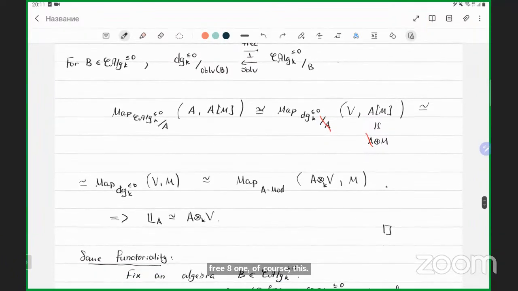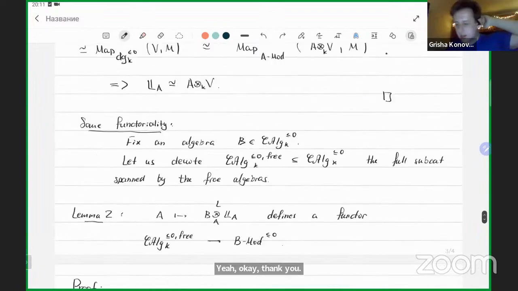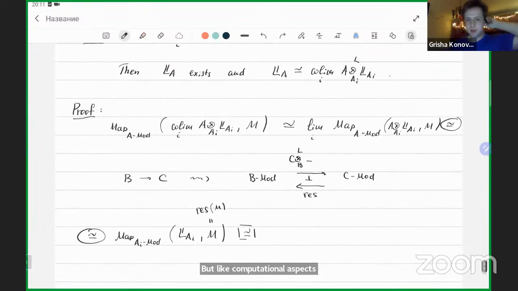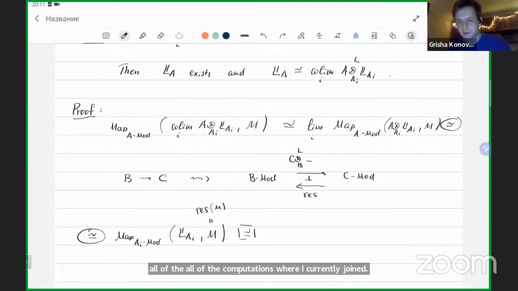Yeah, okay, thank you. But computational aspects are not important for the proof. All of the computations we are currently doing are homotopy invariant. So values of the functors which we write down are not dependent on which particular resolution we take.